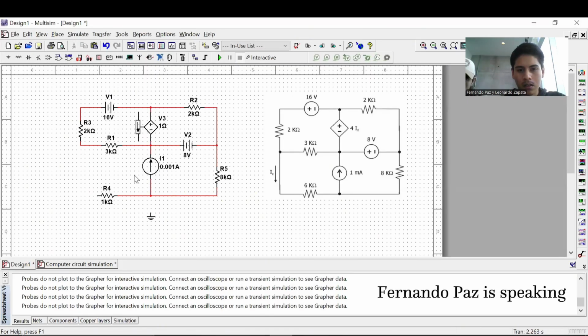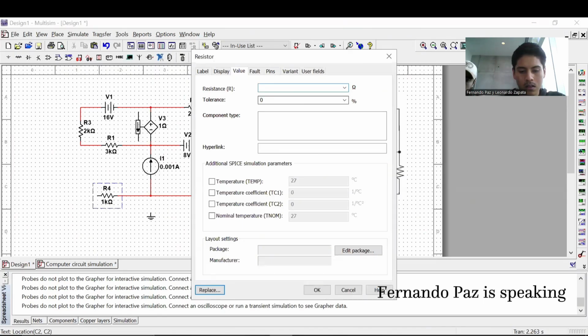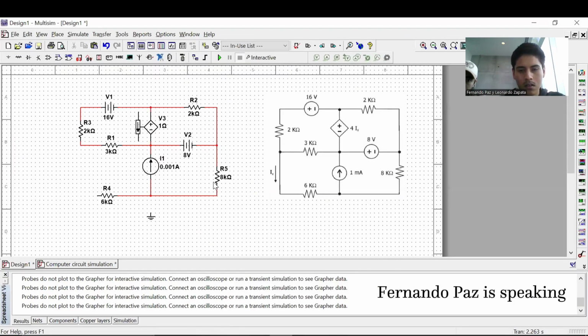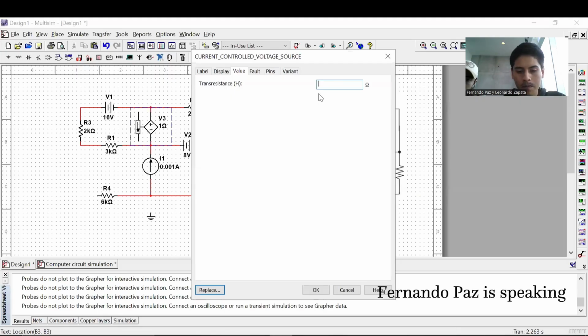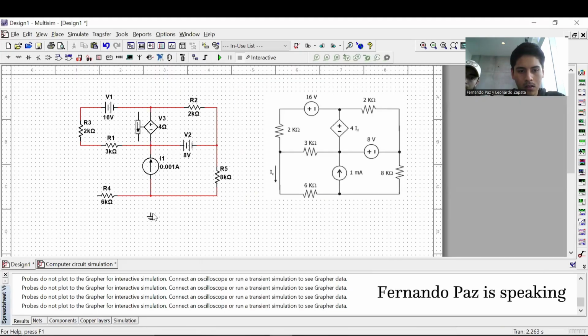Next, this current, and this is 4. So I connect the ground, and next, this current.